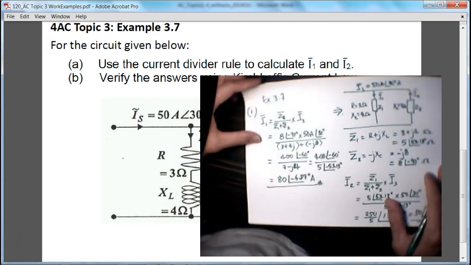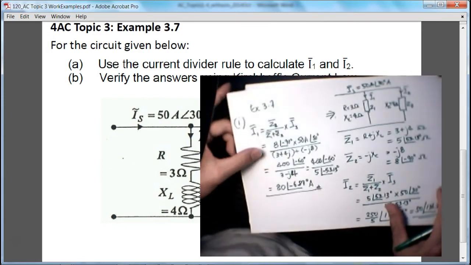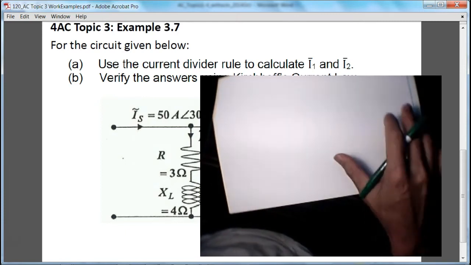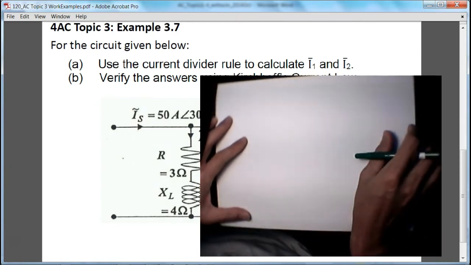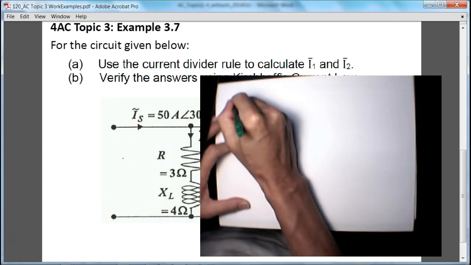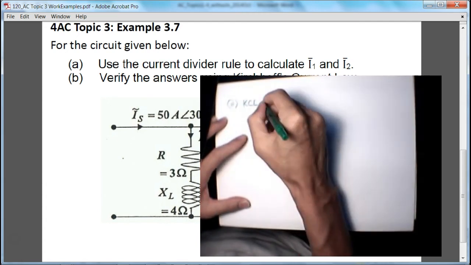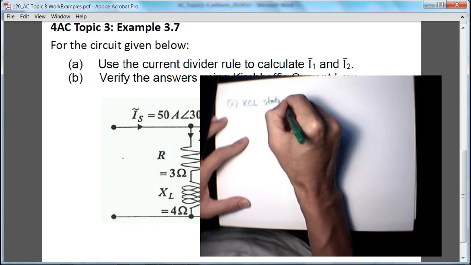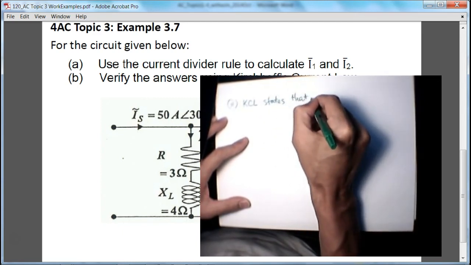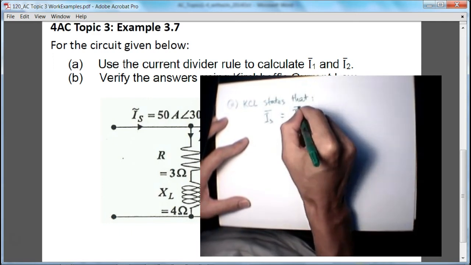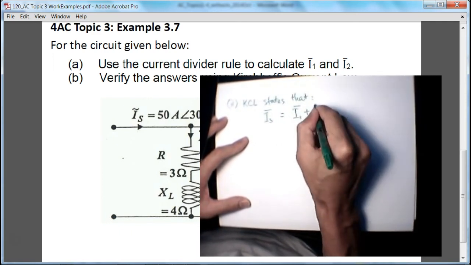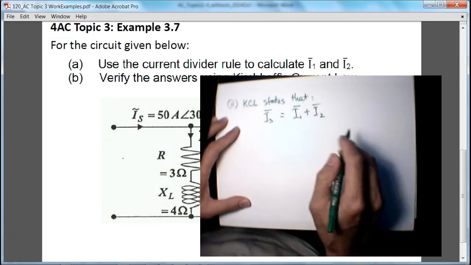Now part 2 wants me to verify whether this is in accordance with Kirchhoff's current law. Kirchhoff's current law states that the total current IS must be equal to the sum of the branch currents. So in this case, I need to show whether this is correct.